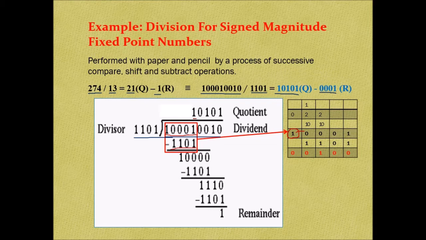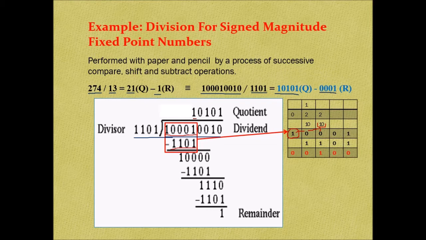Okay. Now after that, from this bit position we have to borrow 1 to this bit position. Once we borrow 1 from this bit position to this one, this 0 becomes 10. That means the decimal 2. Now this 10 should be subtracted by this 1.